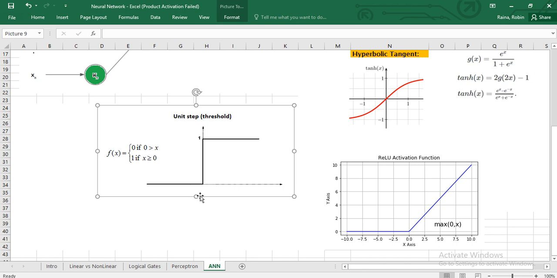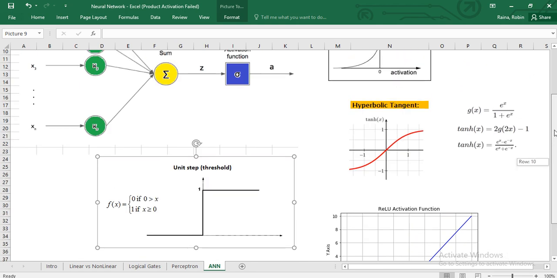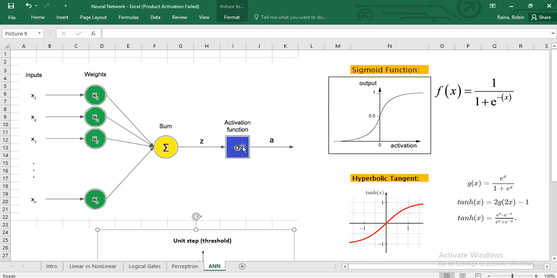And it fails in gradient descent approach, and it fails in the task of updating the weights because it gets confused, it gets lost. So to overcome this problem, we have a sigmoid function. You can see here this activation function we are talking about. When we multiply with the sigmoid function, we get the output.